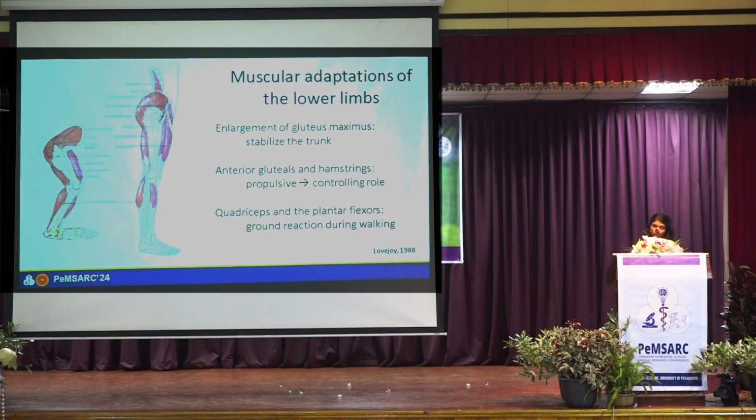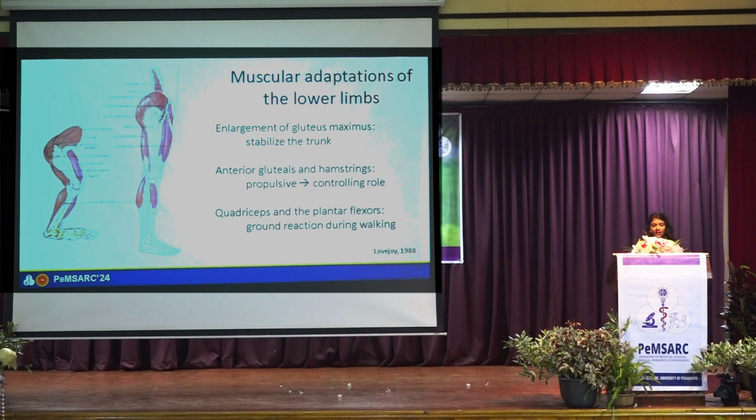If we look at the muscular adaptations, the gluteus maximus muscle has become enlarged, and its main function is to stabilize the trunk in maintaining an erect posture as well as maintaining the straight body while walking, right? In primates, it's a very small muscle and involved mainly in propulsion.